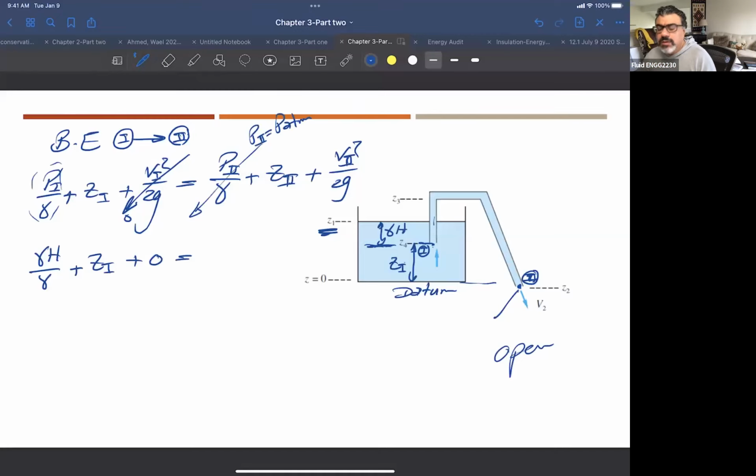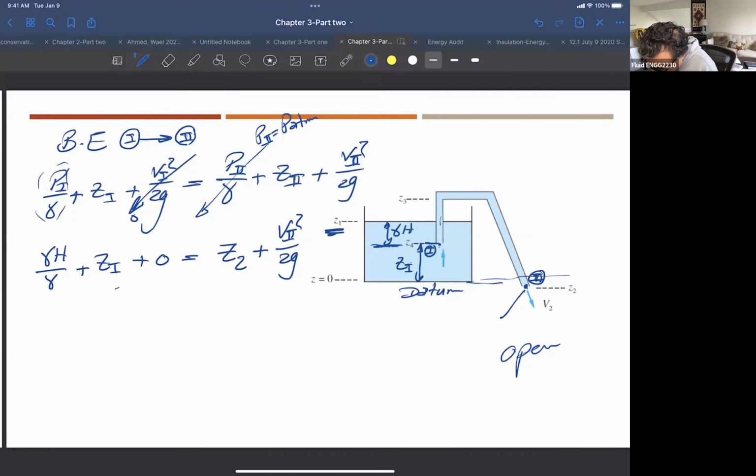So Z2 is, this is Z2, right? We don't know what this Z2 is. Plus V2 square over 2g.